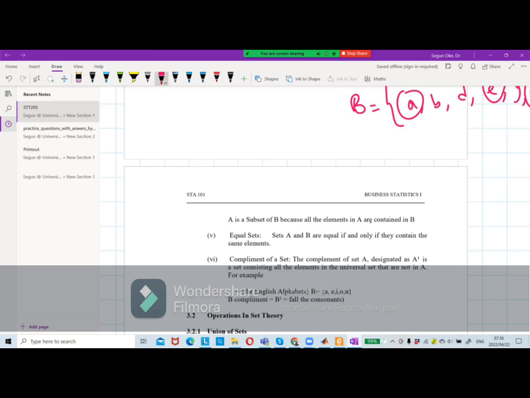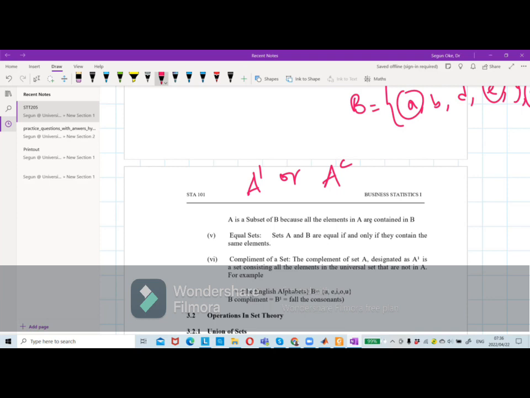The complement of the set A is designated A prime, or some people represent it as A complement. It is a set consisting of all elements in the universal set that are not in A.